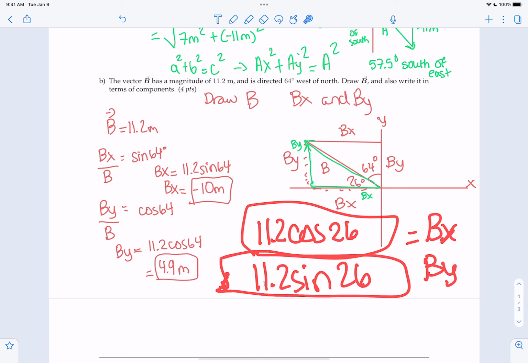Even if you wanted to use 26 degrees north of west, well, north is going to be positive y, and west is going to be negative x. So either one you'll see is going to give you the right answer, basically, in the right direction.